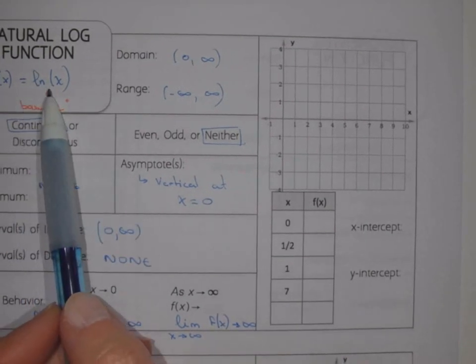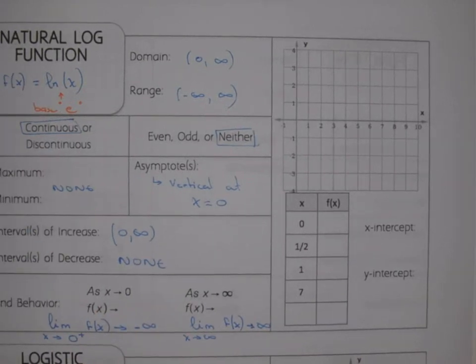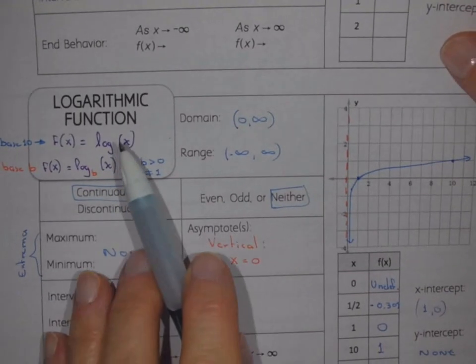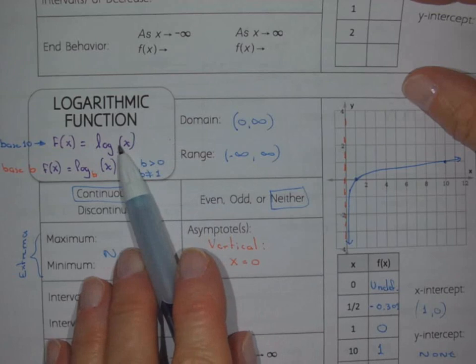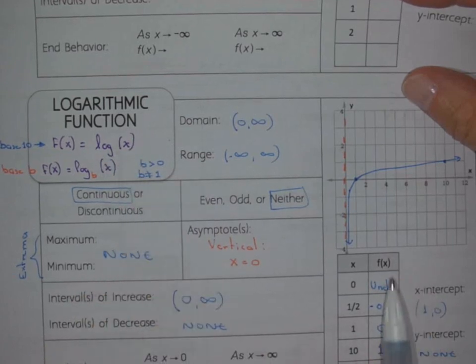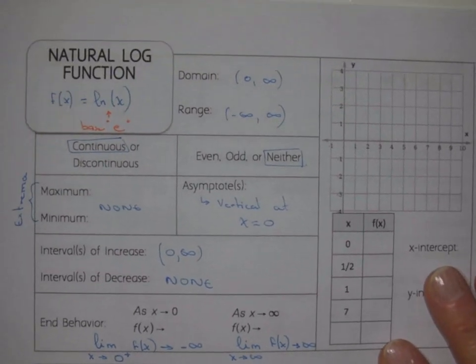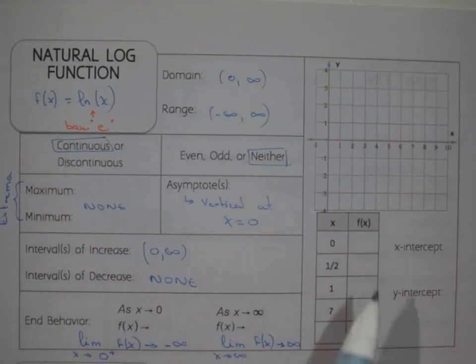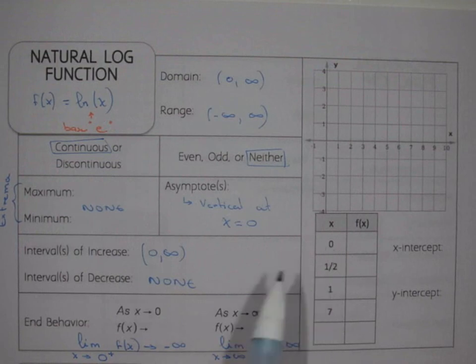On the other one, I used the base 10, so I said 10 to what power gives me my x, to decide what my numbers are here. Here we will say e to what power gives me 0? Well, there is no number there, so again, this is going to be undefined.